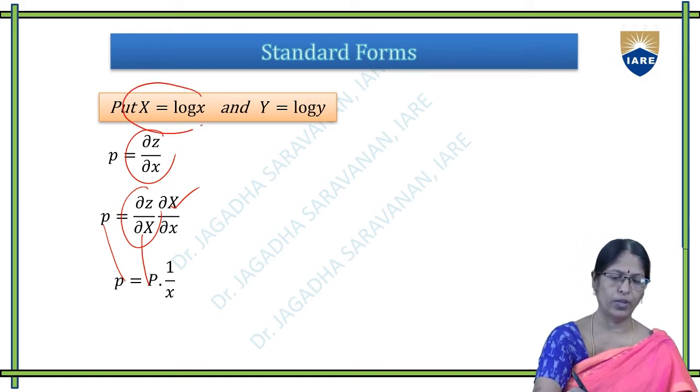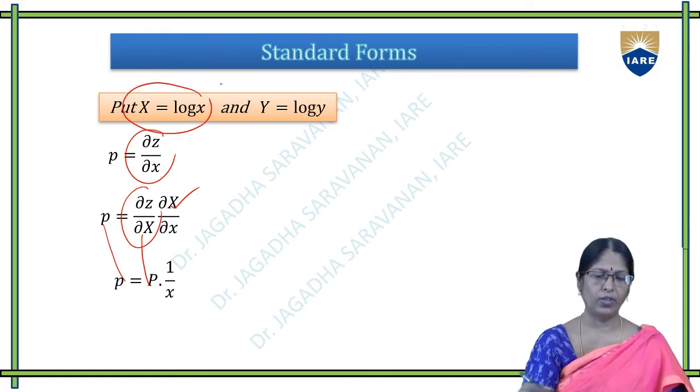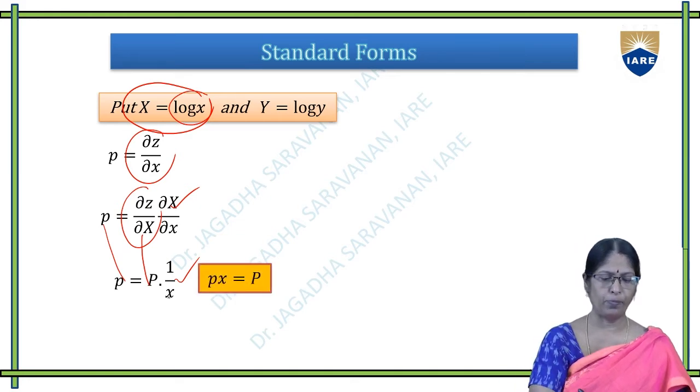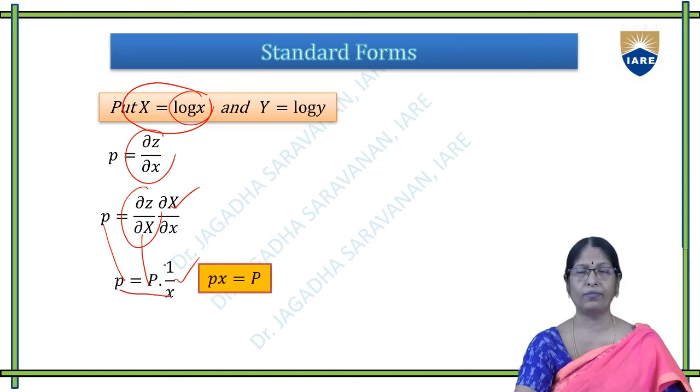The differentiation of log x is nothing but 1 by x, which is written here. So we obtained this x, and we bring it to the left side. So px equal to capital P.